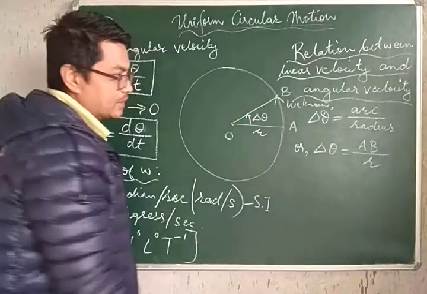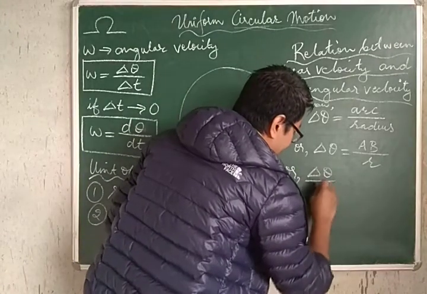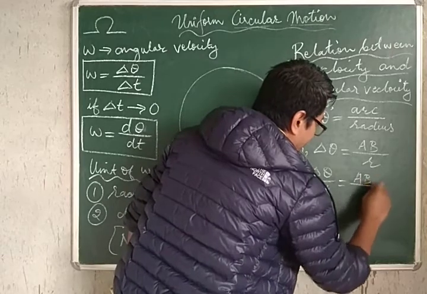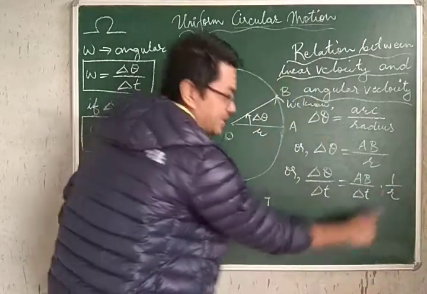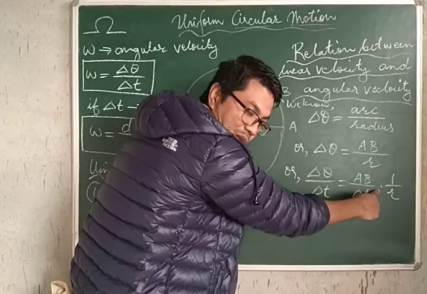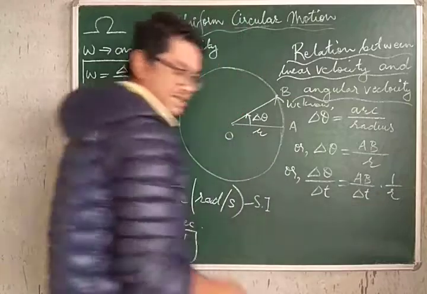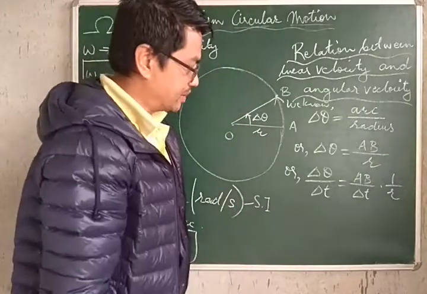Now, dividing both sides by delta t, I can write delta theta by delta t is equal to AB by delta t into 1 by r. Now, mind you, this dot is not from the dot product, remember. This is simply a mathematical multiplication sign.